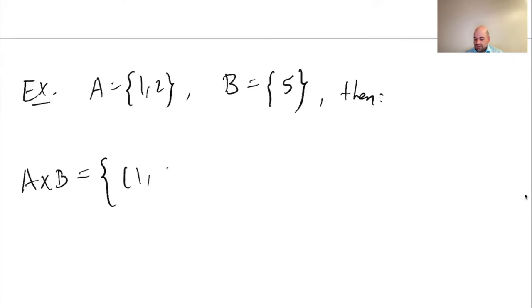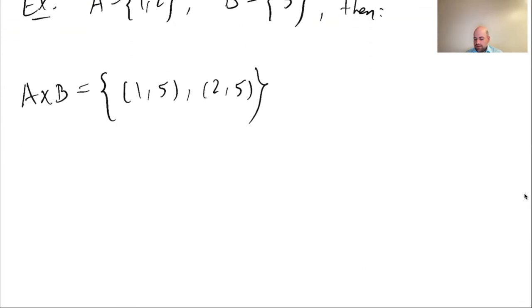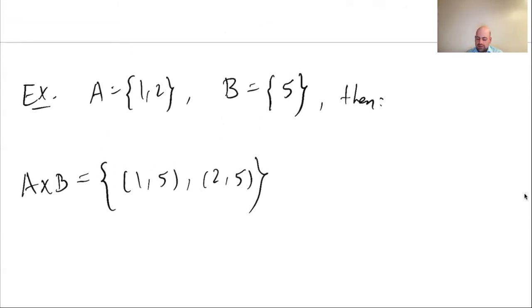So I will have (1, 5) and (2, 5). So in general, as you can see here, if A has, for example, 2 elements, B has 1 element, then A cross B has 2 elements.